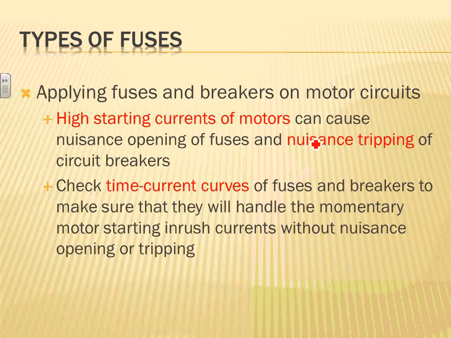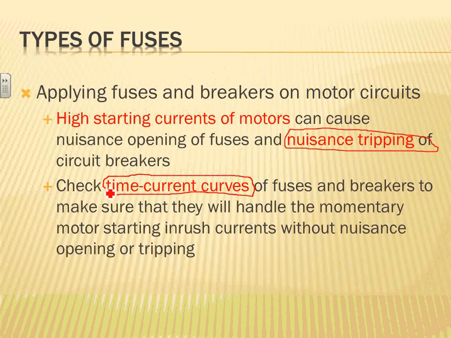So these are just a few application things for these fuses. The intentional delay of the fuse will prevent nuisance tripping on the customers. And of course, you have to have the current curves, which we will be talking about in a second, to make sure that they will handle the momentary motor start inrush. It will be seen much better when we go into the curves.